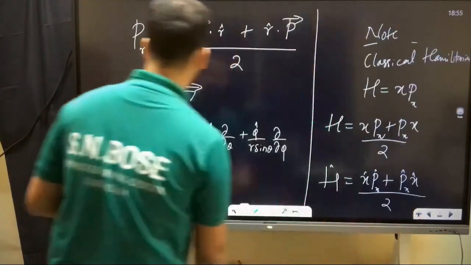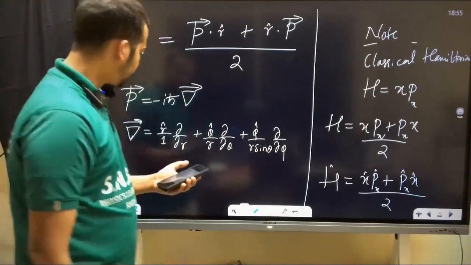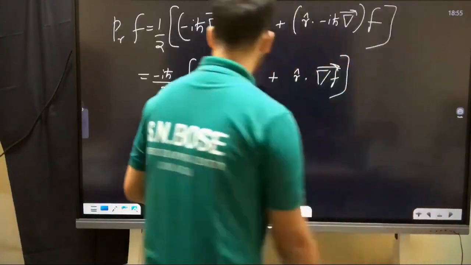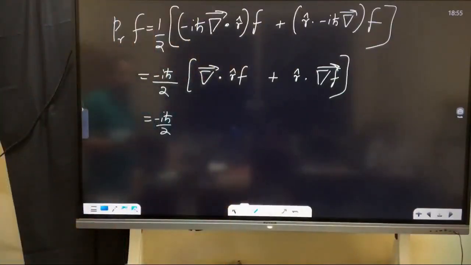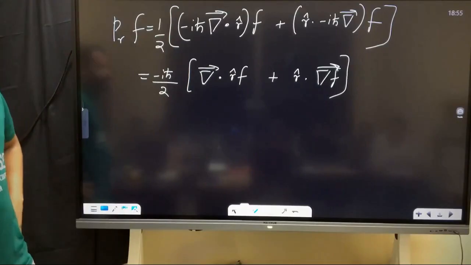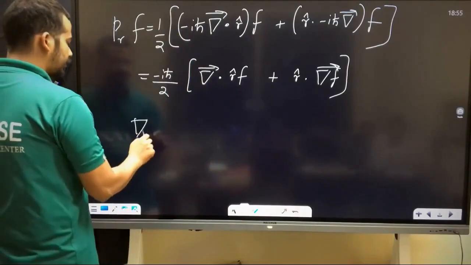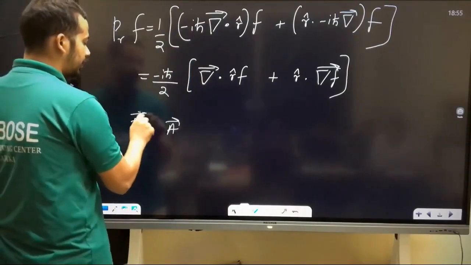What is this one? r cap into f. It is simply a divergence. How do you write the divergence of a vector field in spherical polar coordinates? Any idea?